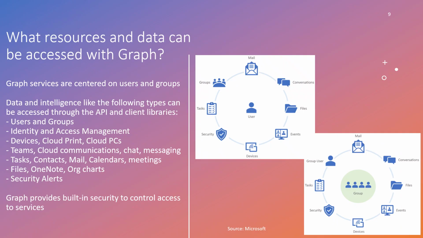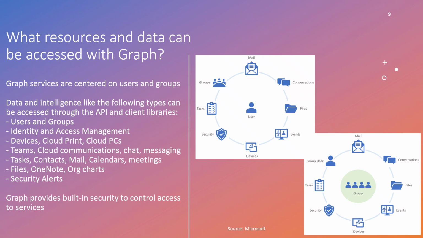Now, one more way of looking at what Microsoft Graph has to offer is by looking at the resources and type of data that it exposes. Let's explore what resources and data can be accessed with Graph. Graph services are based on users and groups.